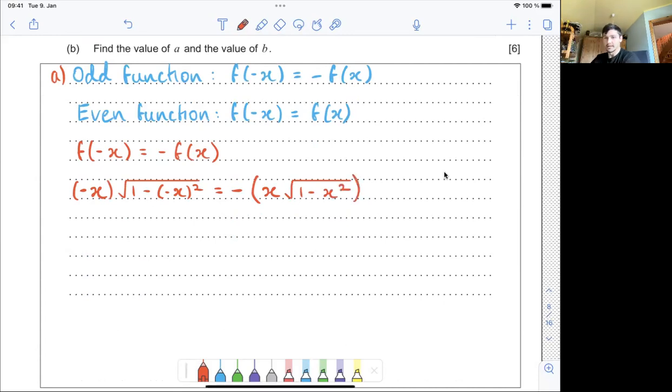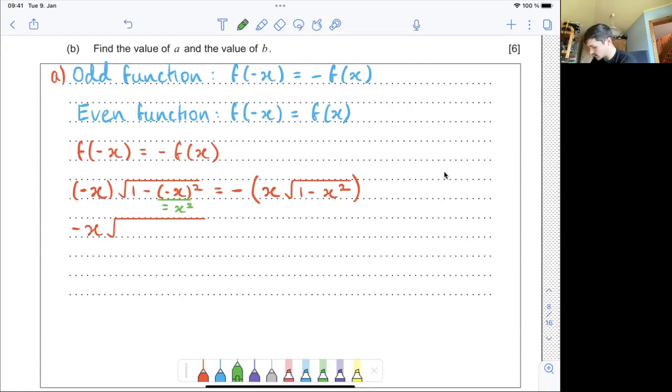Now looking at the left-hand side here, we've got negative x in brackets at the start, so we can just take that out of the brackets. And then what you have to identify is that negative x squared is just going to equal x squared, because negative times negative is positive.